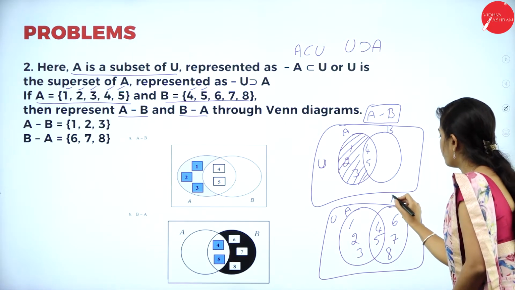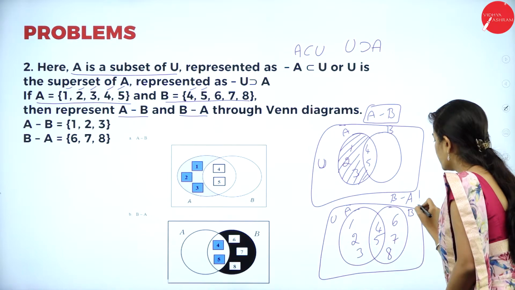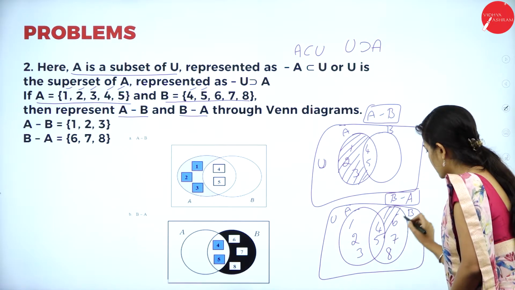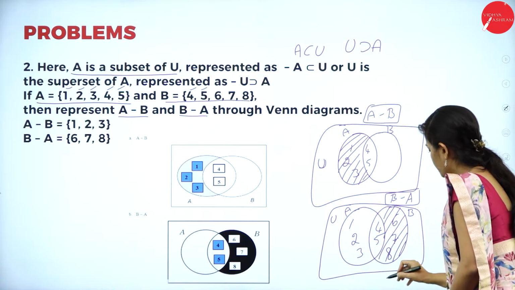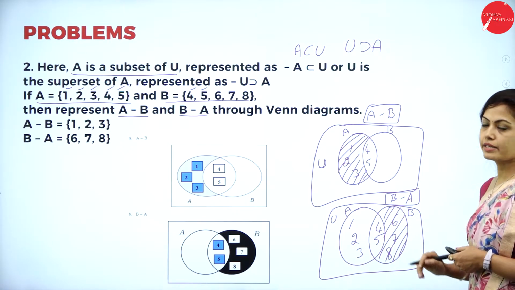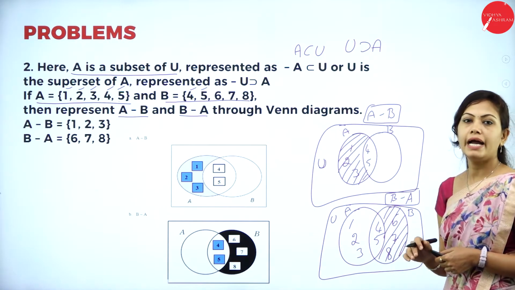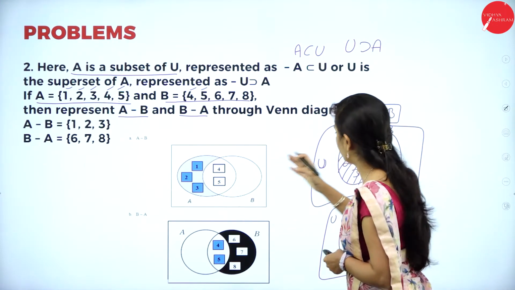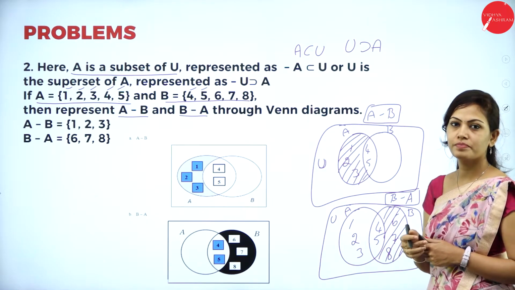Here I am finding B difference A, so I will shade only this B region. So this is your Venn diagram for A difference B and B difference A. You can mark it like this, or otherwise you can use this method also.